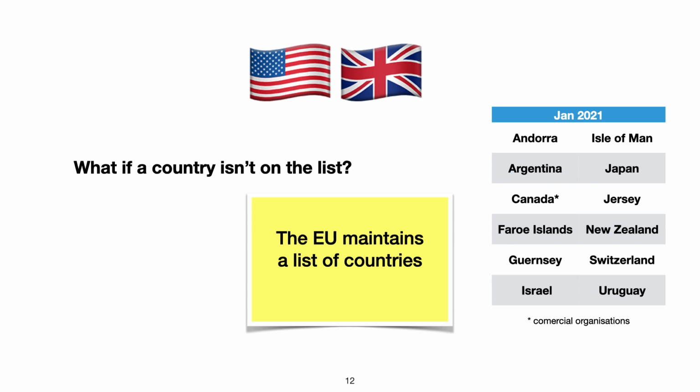Of course, on the very day the UK left the EU, its protections were identical. And I think it's fair to say that the UK has done quite a good job of protecting personal data.